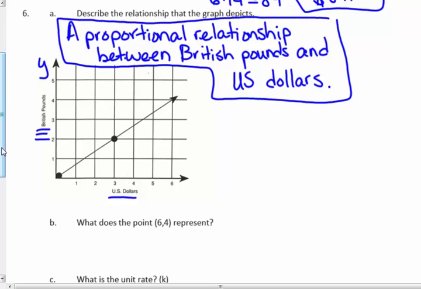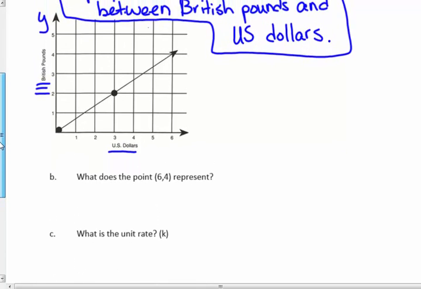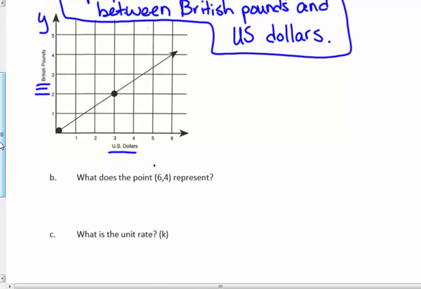So you should state that. You're going to see a question just like that on the test. What does the point (6, 4), that's x, y, represent? So (6, 4), it's this point that they're talking about. 6 represents the x, which says 6 US dollars.